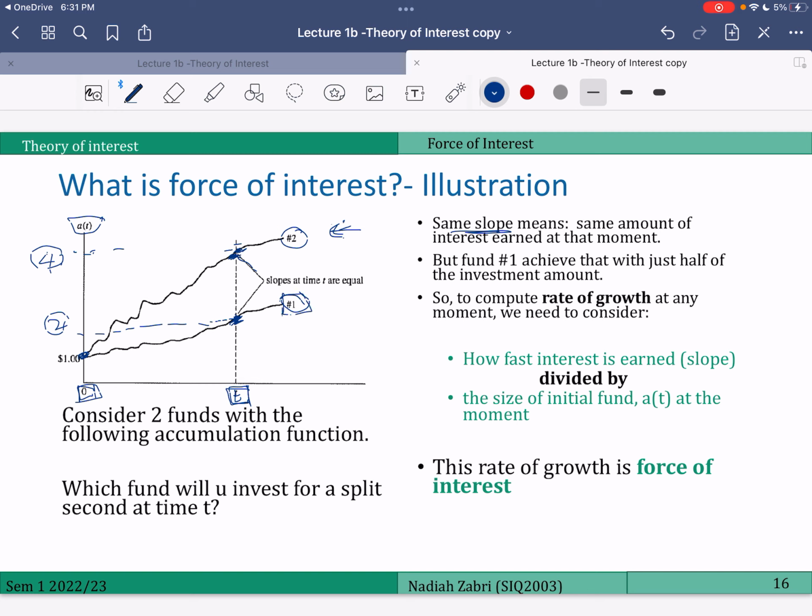attractive. So to compute growth rate, there are 2 things that we need to consider. 1, how fast the interest is earned at that specific point in time, and also the size of the fund at that moment. This is called the force of interest or the rate of growth.